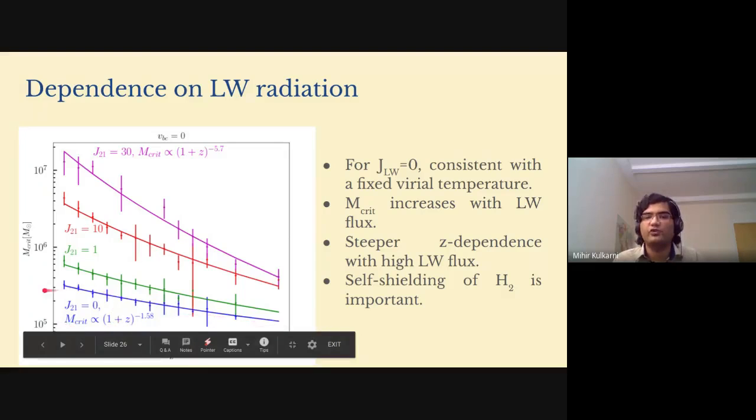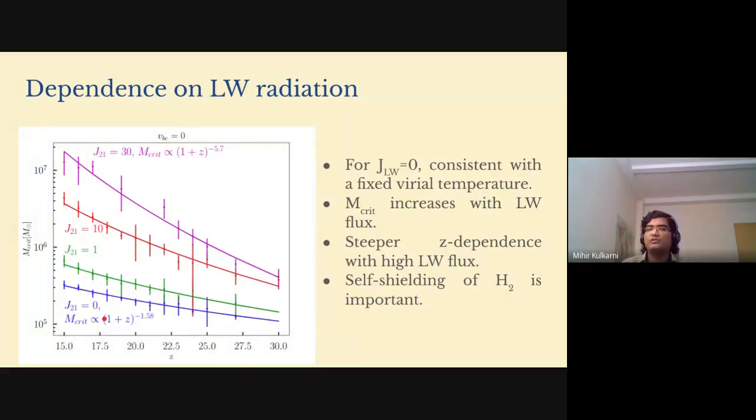So just to show you some results, this shows how the critical mass changes as a function of redshift. The blue line is the default case, which does not include any Lyman-Werner radiation. We find the critical mass is a few times 10 to the 5 solar masses, and it also changes with redshift, as was predicted in analytic models but not seen in simulations with a large number of dark matter halos.